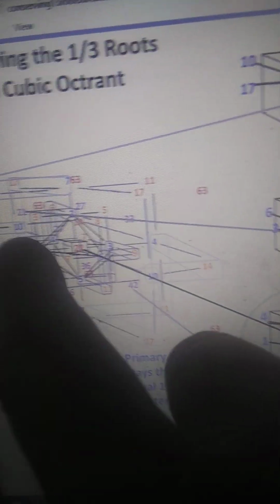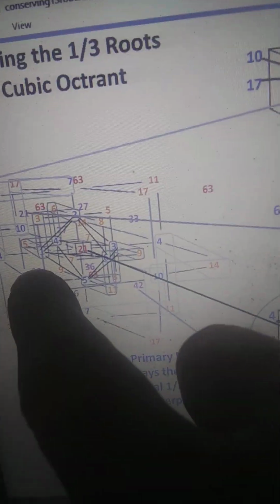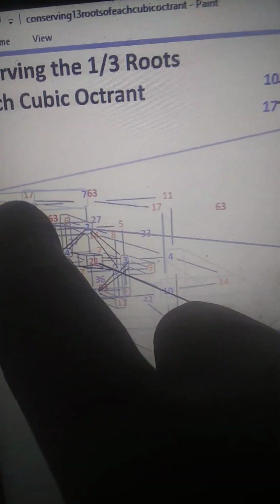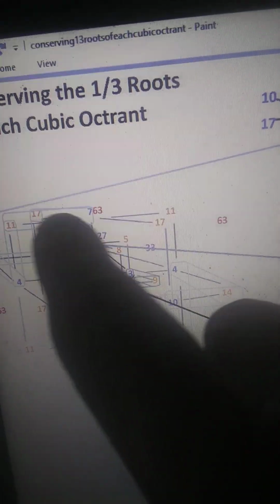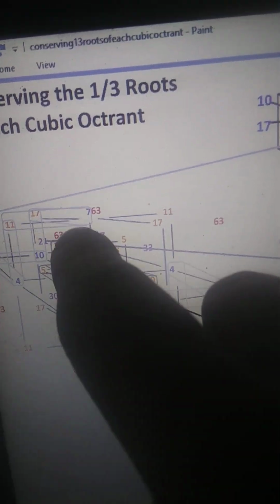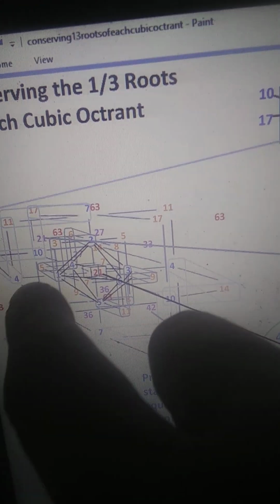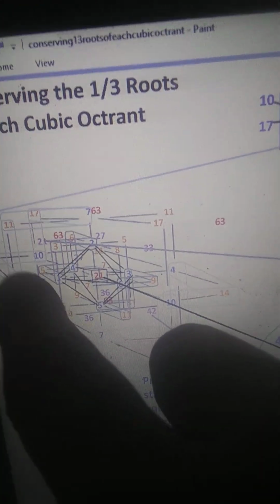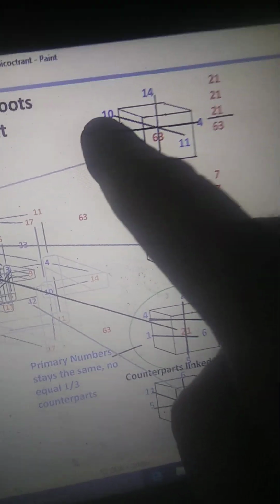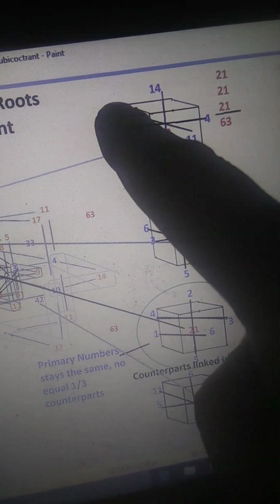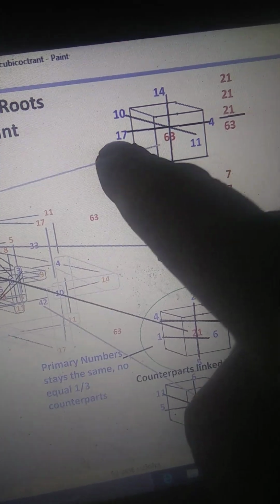It's like miniature parts of this whole cube are produced in these cubic octrants, and each of these secondary and primary, inner and outer ghost numbers become all primary numbers again. That's the reason I colored them blue, even though they're different colors, orange and purple and all that.